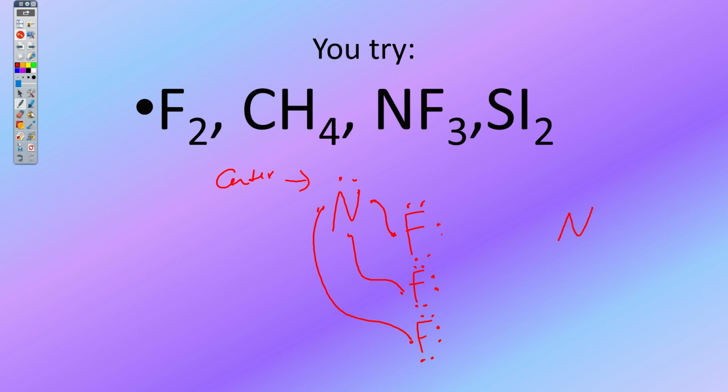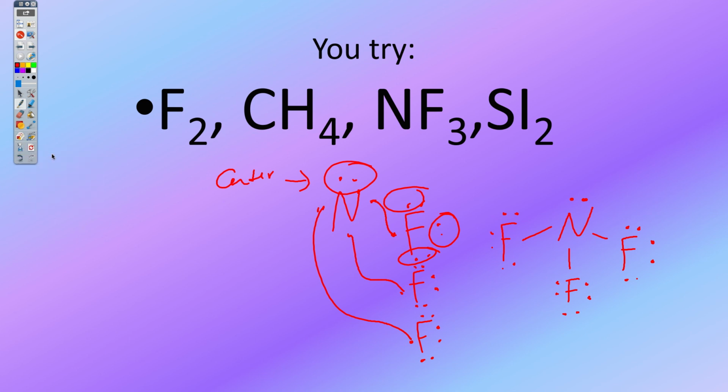So N is in the center, surrounded by 3 fluorines. 1 line, 1 line, 1 line. Fluorine has 1, 2, 3 lone pairs still around it. So I'll do that for each of my fluorines. And lastly, 1 lone pair on my central atom. There's NF3.